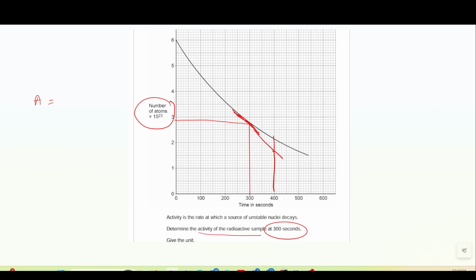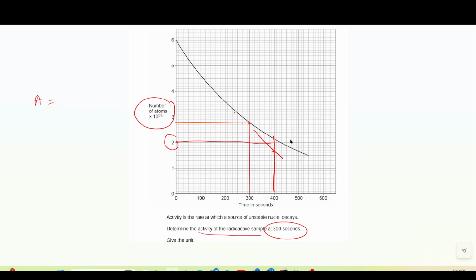I should make a straight line not to get a wrong answer. One minute, let me just erase this. I will try to make a straight line.